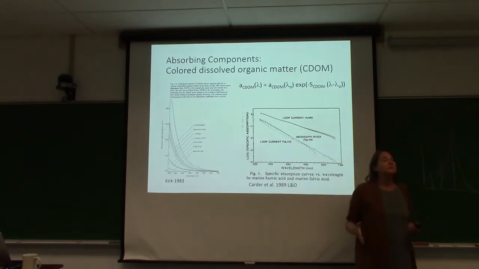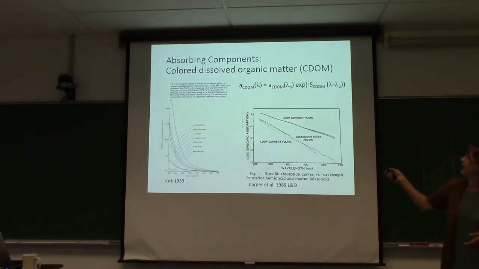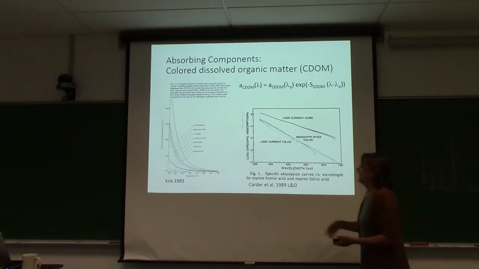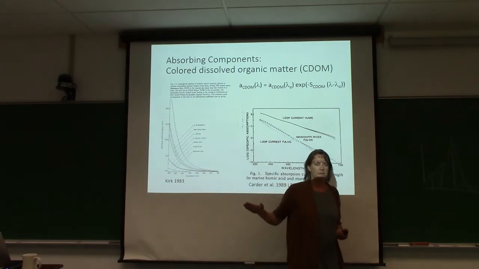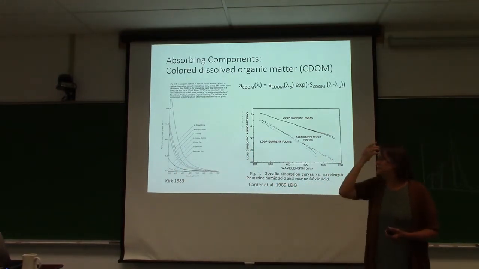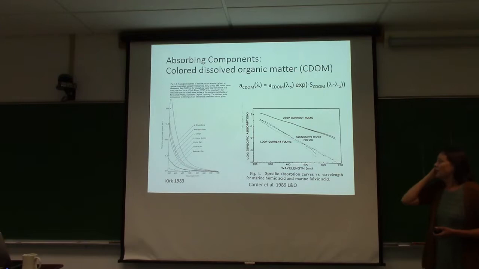And so people got very interested in looking at how that slope varied over time and space, because it would tell you something about the composition of that organic matter. So again, you might have a lot of variability in the slope, but it's meaningful variability. And so you can use it to trace water masses.